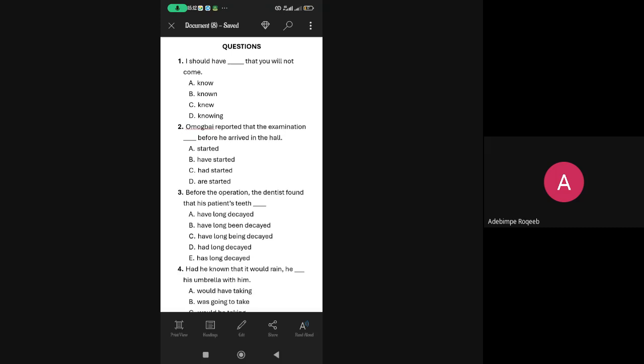We already said in the rule that whenever you use has, have, or had, it should be followed by the past participle form of that verb. Now it is left to you to identify which of these options is the past participle form. The verb here is know, so you have to complete the sentence using the past participle form of know.